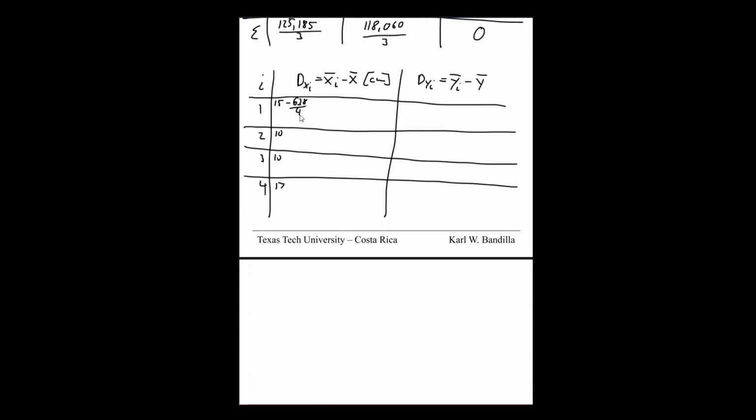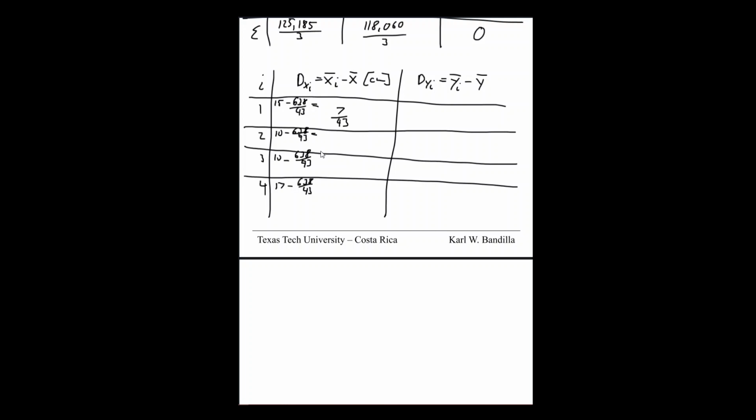638 over 43 for each row. First one, if I do that, I get 7 over 43.